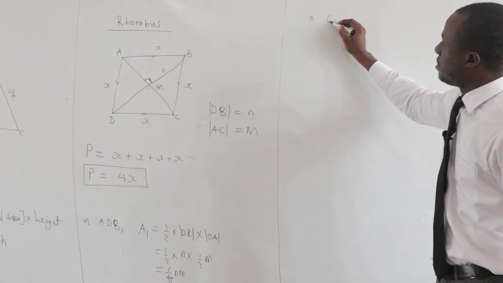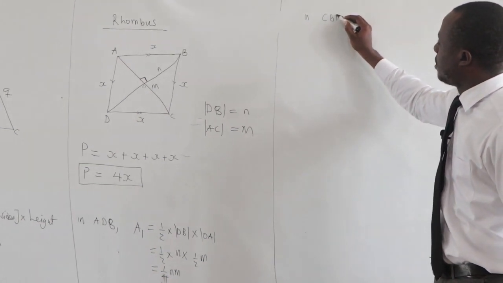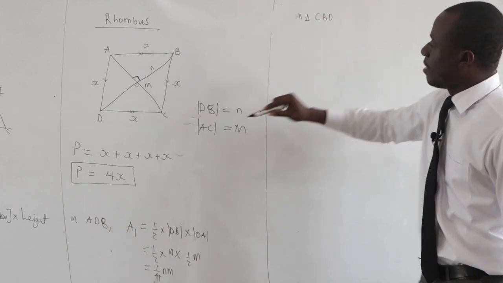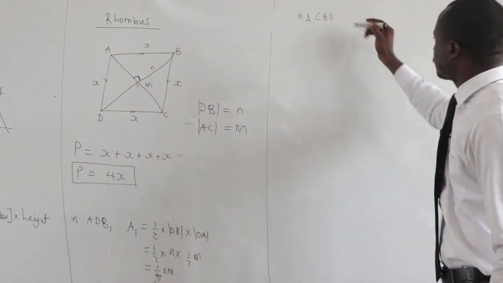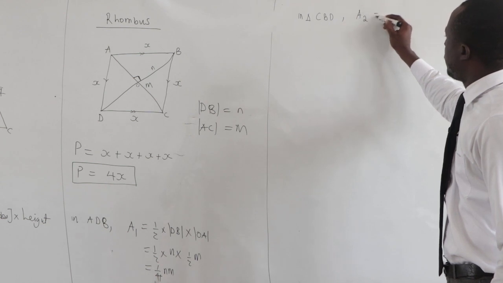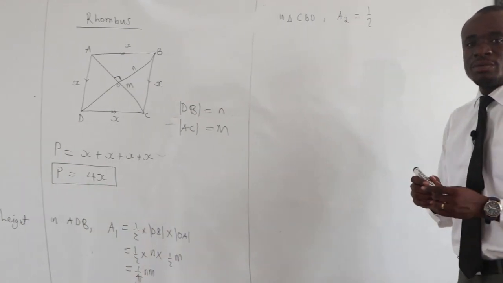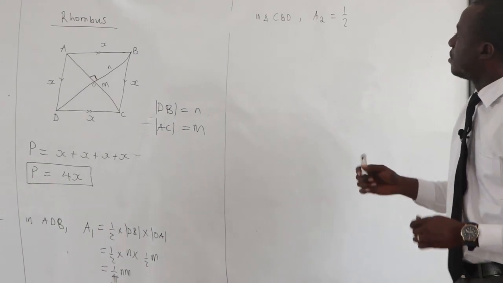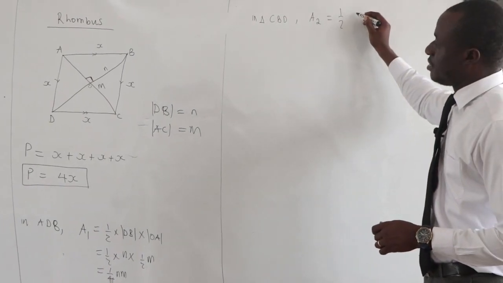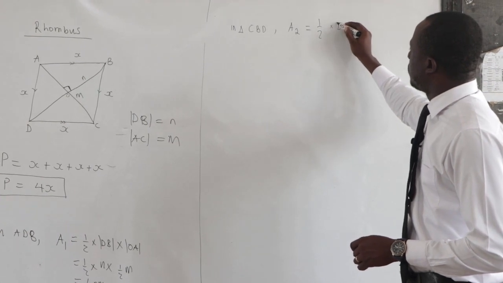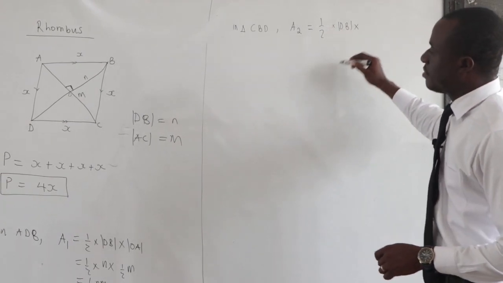Now in the other one, let's also consider the triangle CBD. Our second area, that is half. You know it's a triangle, and triangle is half times base times the perpendicular height. So half times DB times OC.